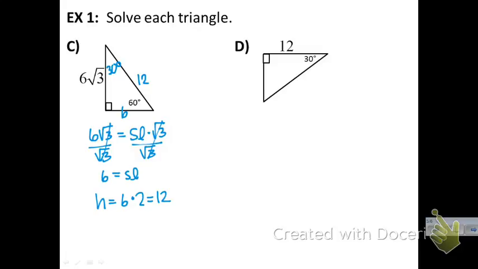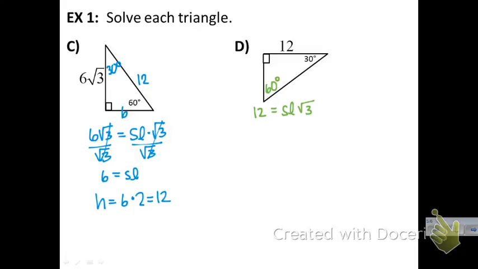Okay, our last one. Again, you want to find that missing angle. If this is 30, that means the other angle is 60. And from there, this 12 is opposite that 60-degree angle, so we call it the long leg. So we're going to use the formula that says the long leg, 12, equals the short leg times root 3.